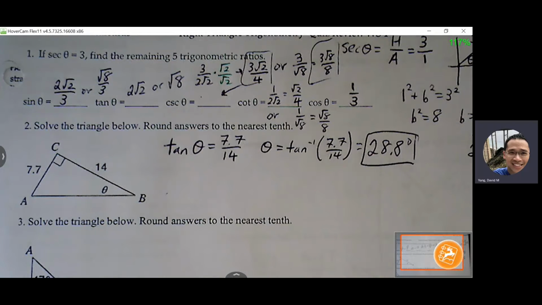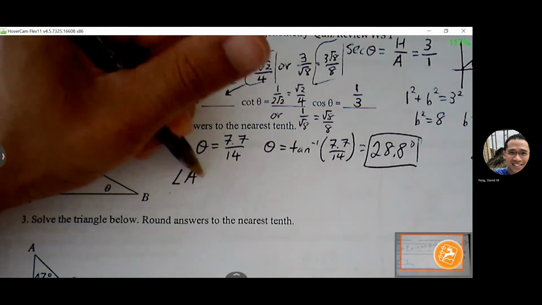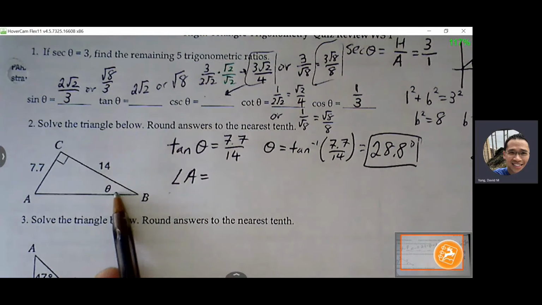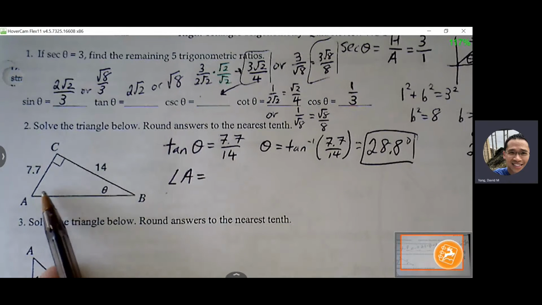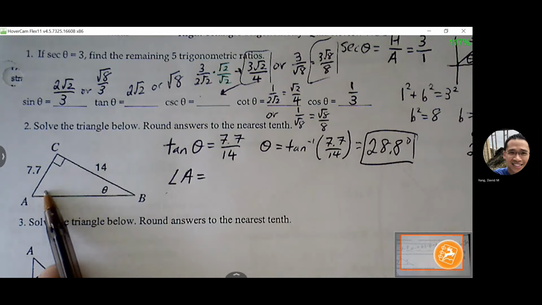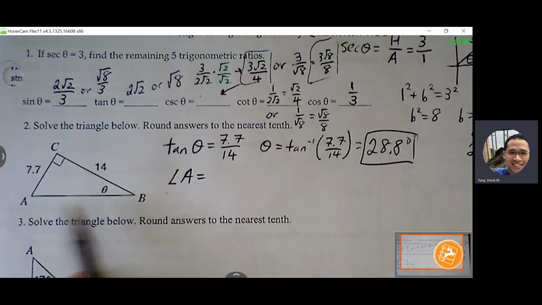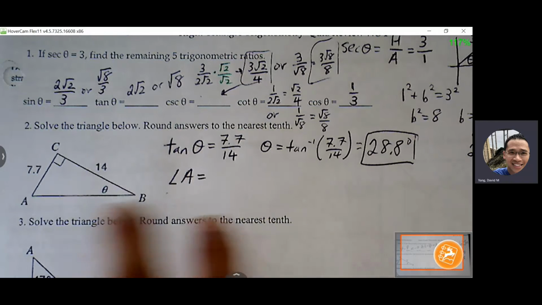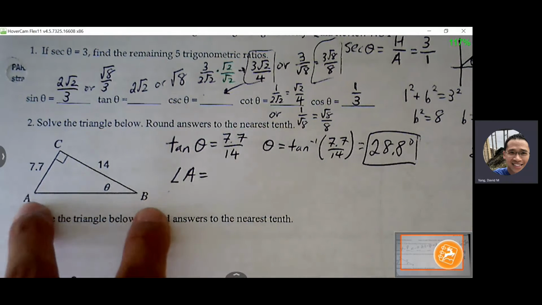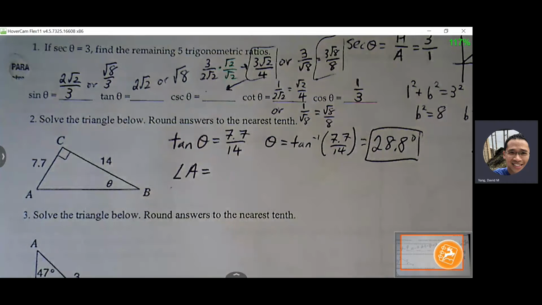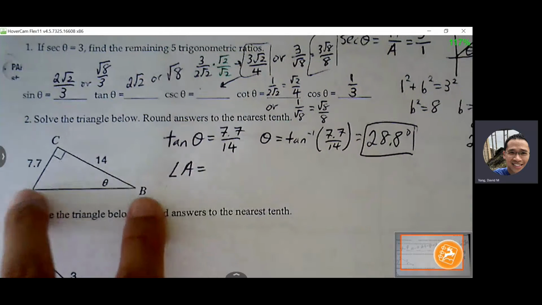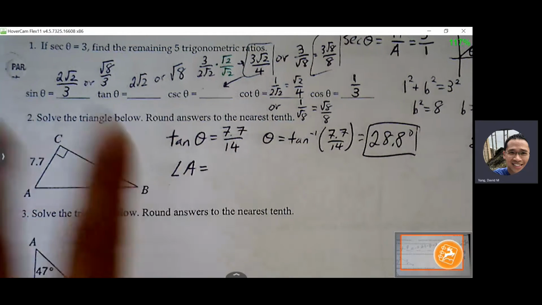So now it gets easy. If I know that angle B is 28.8 degrees, then how can I find angle A? Yeah, add them together. We know we got to add it to 180. Or you know that angle A and B must add to be 90, because you know there's already a 90 taken care of with angle C, so the other 2 angles must add up to be 90 because all the angles add up to be 180.